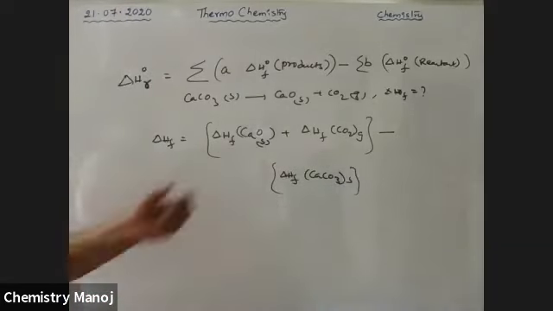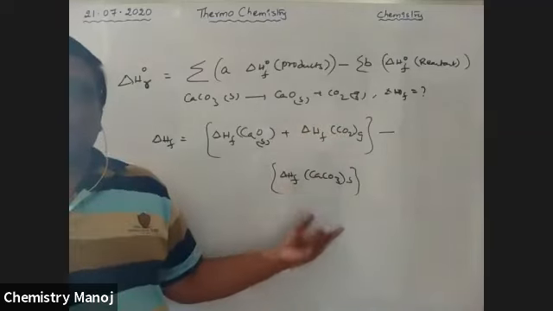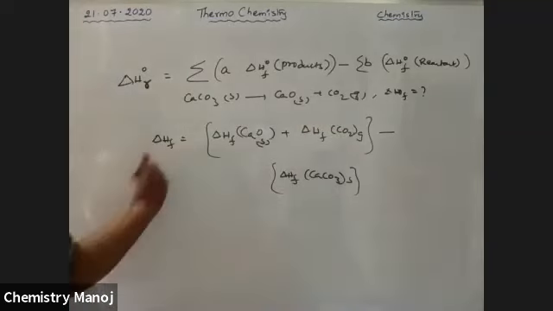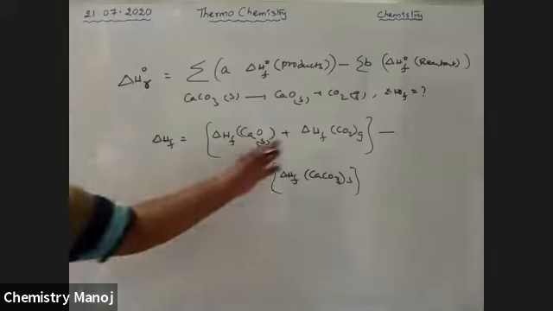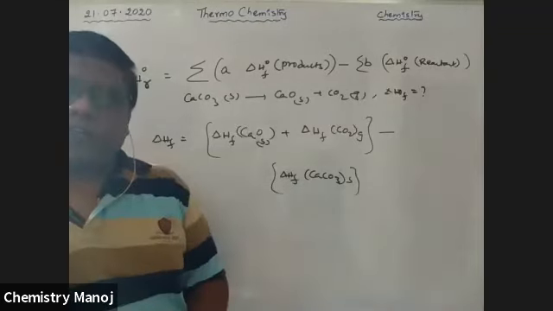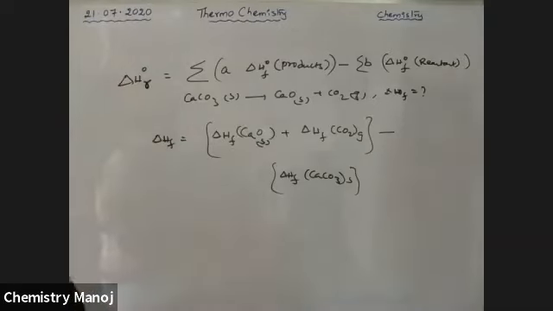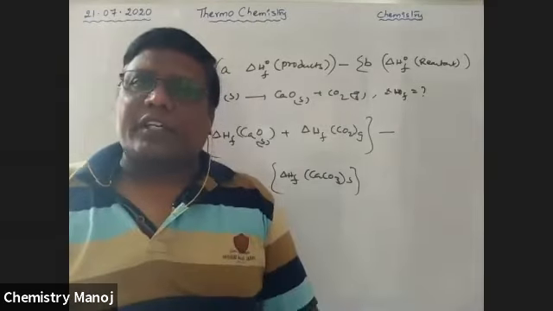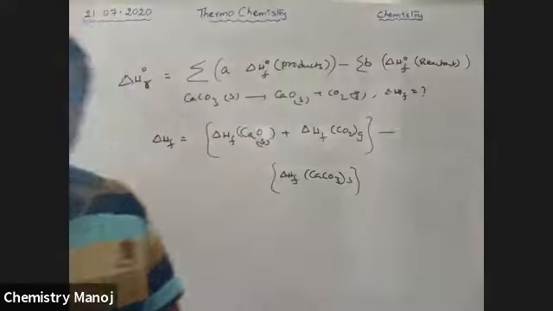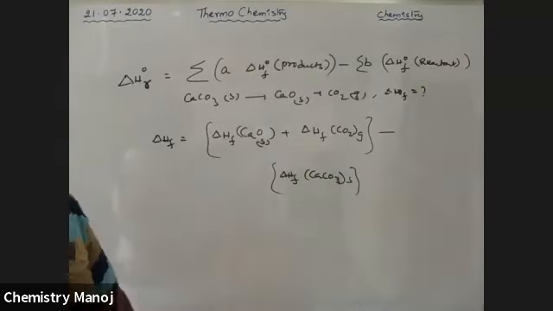These values are given to you. Substitute those values and automatically we will get delta H of the reaction. I will explain during the problem calculations. Please wait. So that is the way to express heat of reaction.